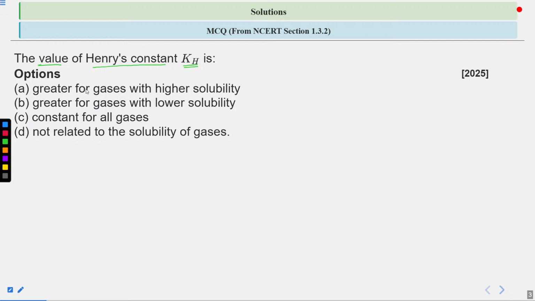The four options are: greater for gases with higher solubility, greater for gases with lower solubility, constant for all gases, or not related to the solubility of gases. You have to find the correct statement. So you have some time, go through it, think about it, and then we will continue to the correct answer.